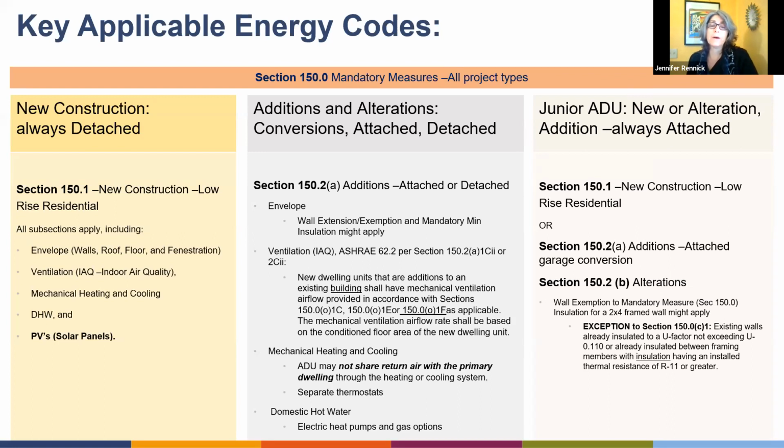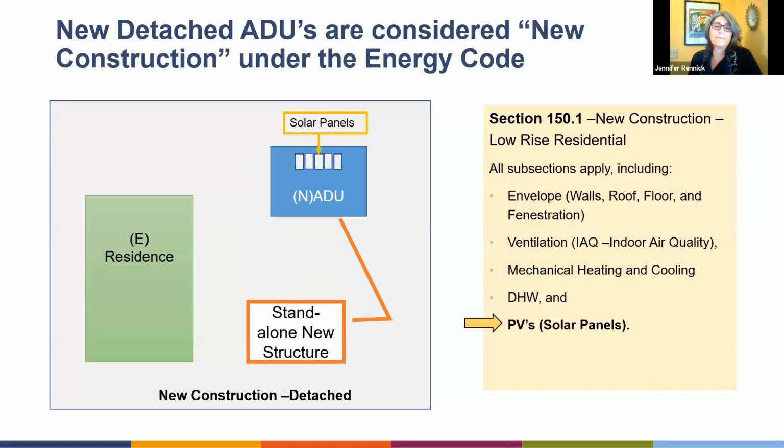If it's an addition, you're going to dig a little deeper into what the code requires there. We're going to go through some examples of how you might classify these different types of ADUs and where they might fall under the code, with some diagrams that help explain that.